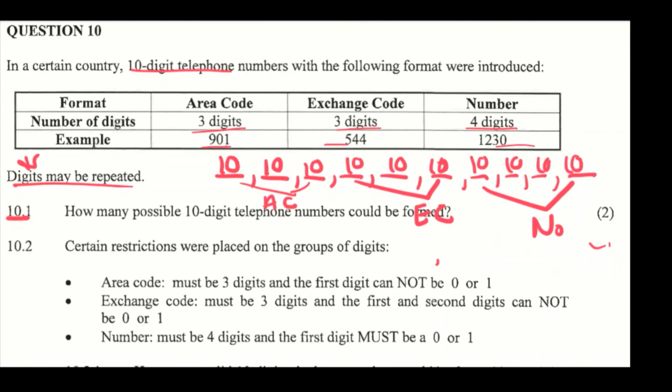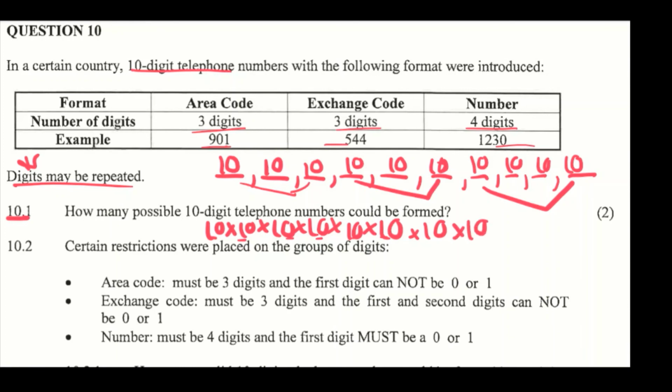Now we have this situation here. So how many possible 10-digit numbers could be formed? The possible 10-digit numbers to be formed is 10 times 10 times 10 times 10 times 10 times 10, and so on, ten times in total.